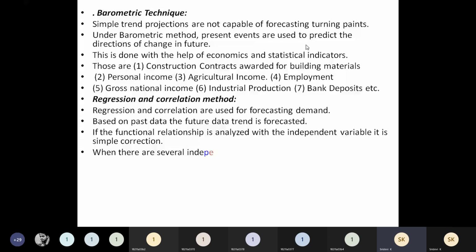And whenever you get the result as -1, it indicates that x and y are negatively related. Negatively related means if x increases, y decreases. If x decreases, y increases. Oppositely, they are going to react. So this relationship you are going to find out.